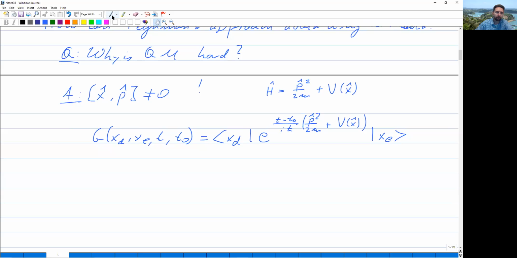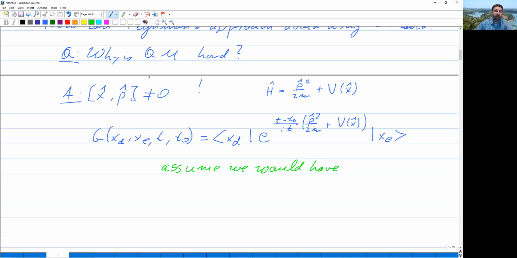Now, if the x hat and the p hat were commutative, let's just say, assume we would have, because it's not actually true. But you see, Feynman has a way of making it true in a very sneaky way.